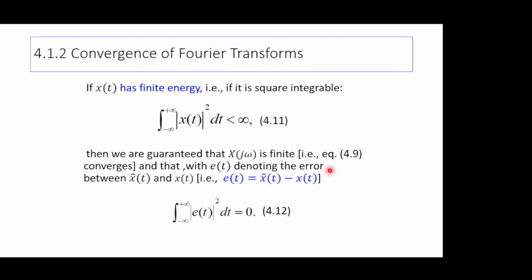Here we just claim very roughly that, just like in the periodic case, if your x of t has finite energy, so the integral from minus infinity to plus infinity of the absolute value squared is a finite value, then the energy of the error will be 0. This is the condition under which we say our series has good convergence. So if you transform back and forth, then the energy of the error will become 0.